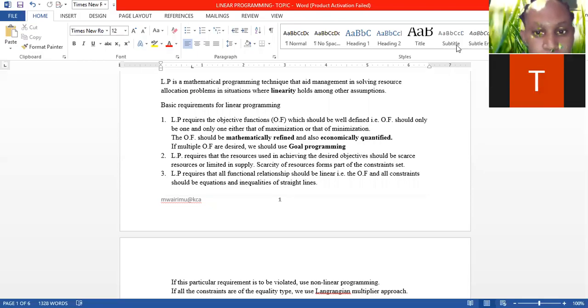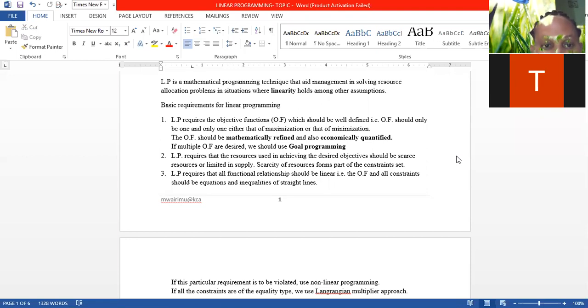The key part is about what we call the assumptions underlying linear programming. When we talk about linear programming, we are referring to linearity as a major assumption.